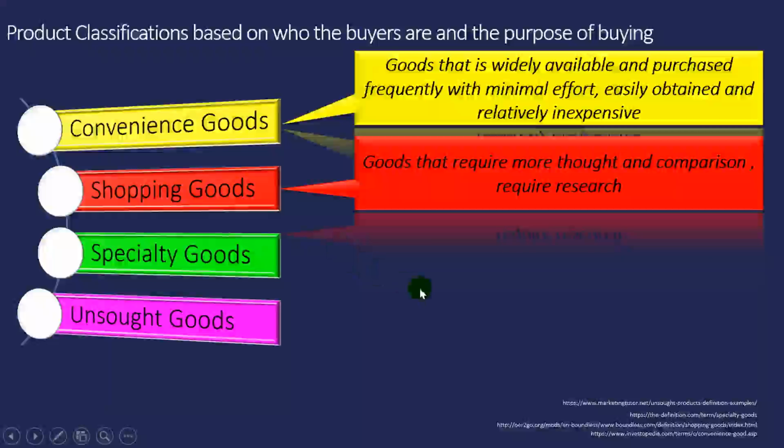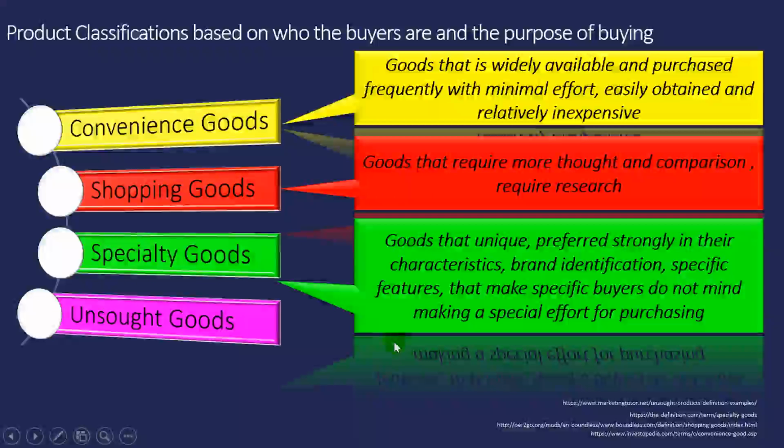Now, what is next? Specialty goods. Specialty goods are goods that are unique, strongly preferred for their characteristics, brand identification, and specific features that make specific buyers not mind making special effort for purchasing.